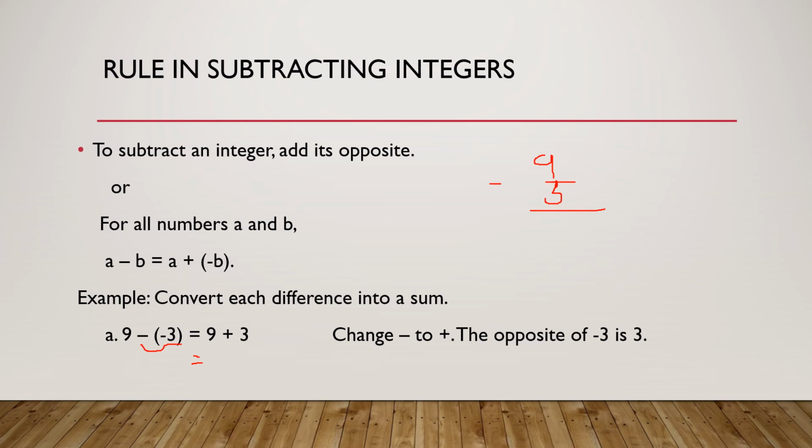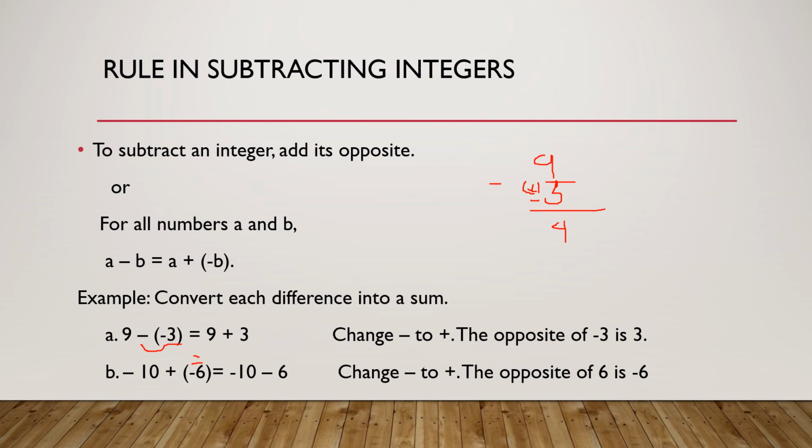Since walang sign si 5, ang assume muna, yan ay plus. So, papalitan mo to ng negative. So, we have 9 minus 5. The answer is 4. Assume mo lang siya lagi. Tandaan mo, ang opposite ng 5 is negative 5.